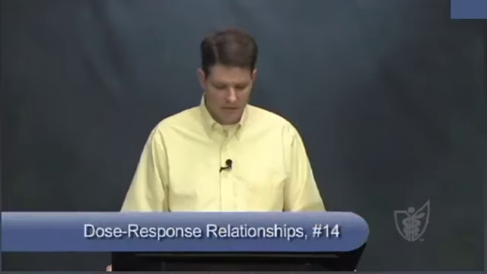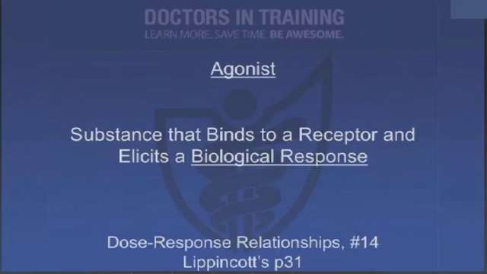So next we need to talk about agonists and antagonists. And this is another very important concept. An agonist is a substance that binds to a receptor and elicits a biologic response. For drugs, we're usually talking about a drug that's going to mimic the effect of an endogenous ligand. For example, we have a drug called phenylephrine, which is an agonist at the alpha-1 adrenergic receptors.